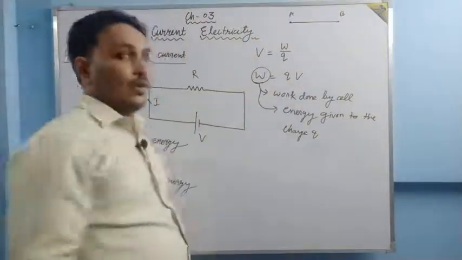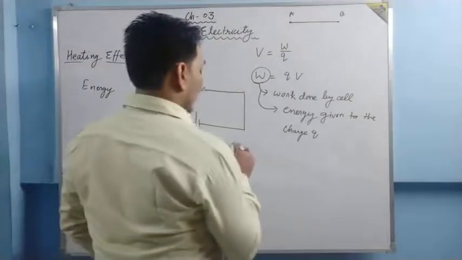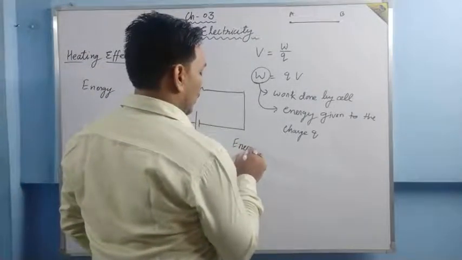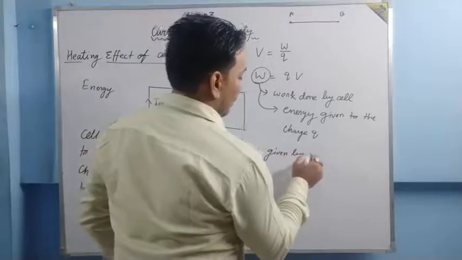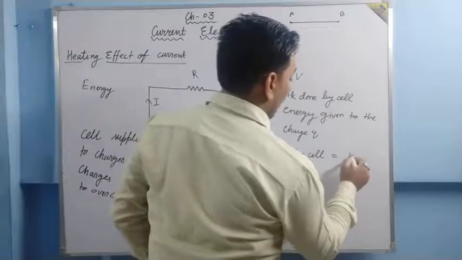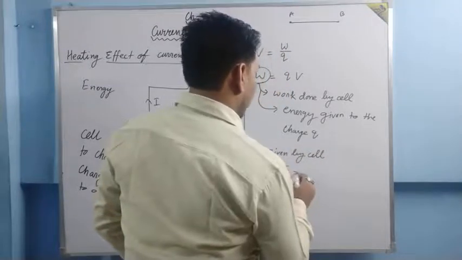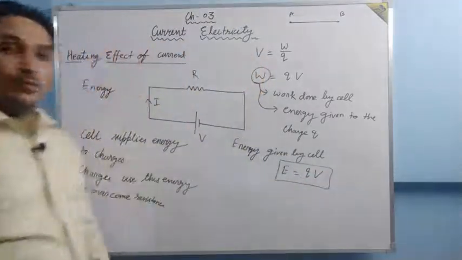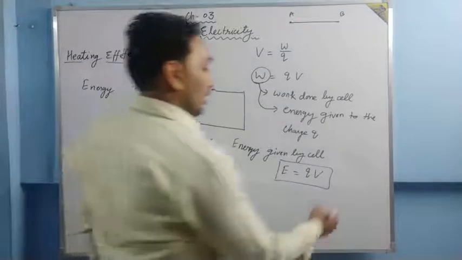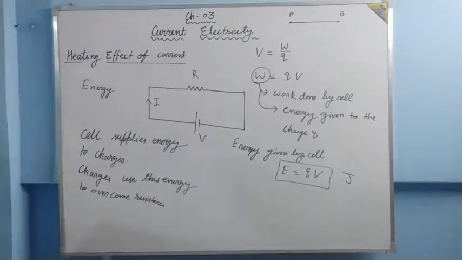If someone asks what is the energy a cell supplies to a charge Q, then we say that the energy given by the cell is equal to Q into V. If we denote this energy as E, E is equal to Q into V. What is the unit of this energy? Unit is joule itself. Is it clear? Energy given by the cell is E is equal to Q into V.